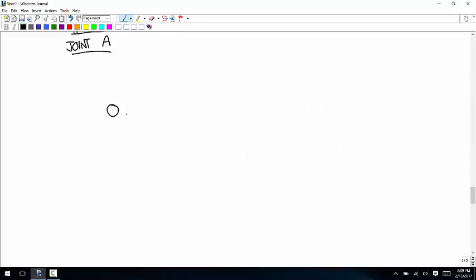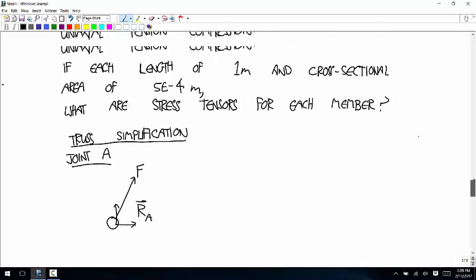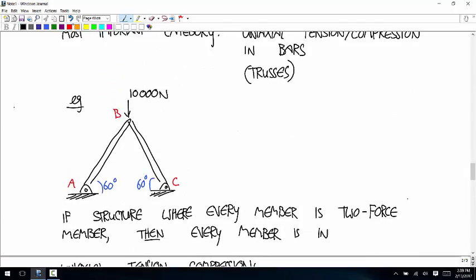Okay, so at joint A, there's a reaction with the ground. I'll call that RA. And then there's a force produced by this member. Let's label this member 1 and this member 2. So there's what you can think of as a cable tension pulling on that pin from member 1.